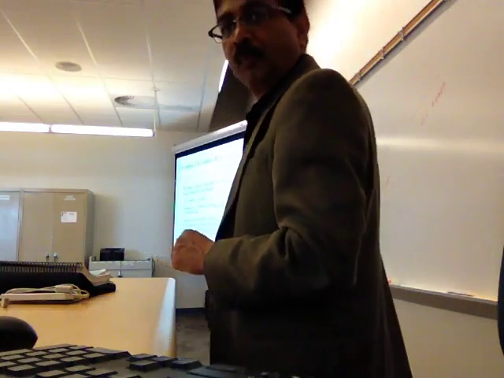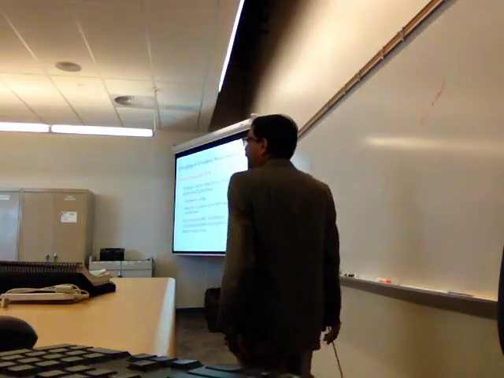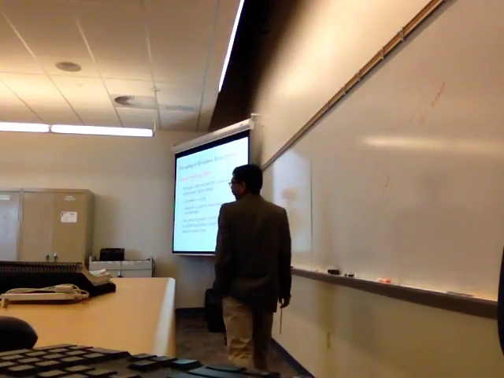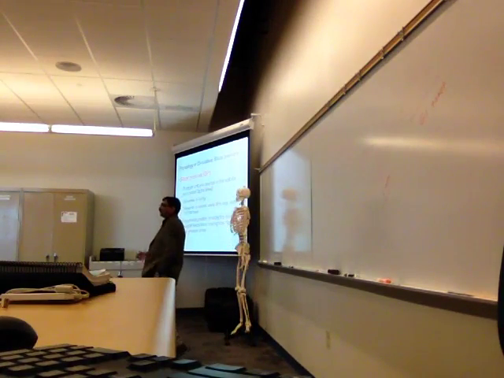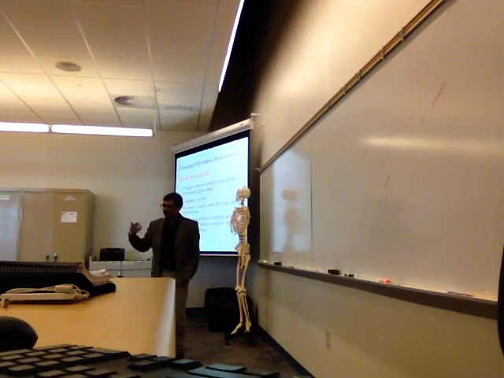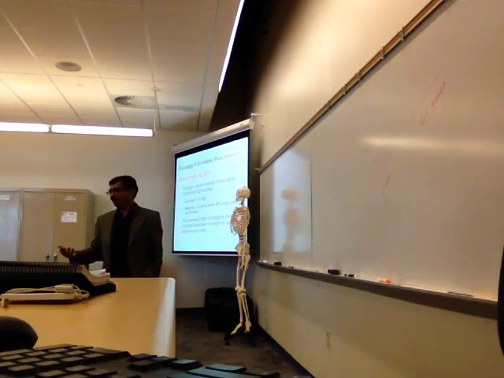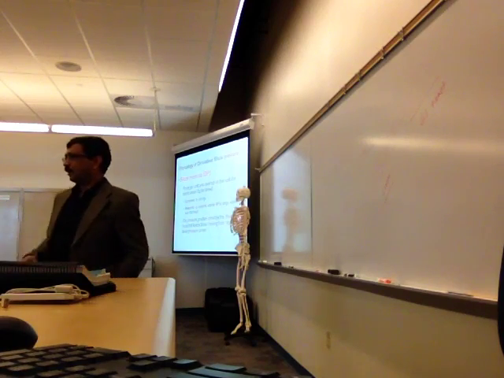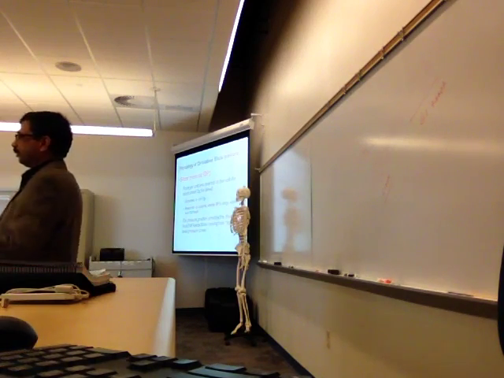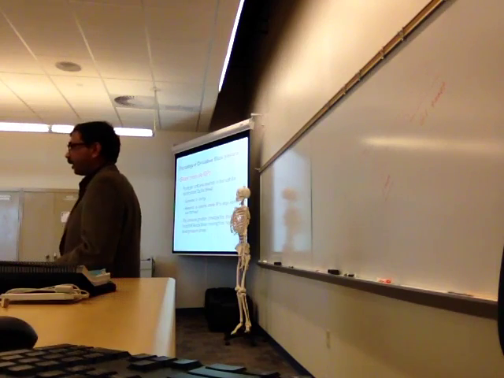Okay. Why is blood pressure important for us? Blood pressure is important to move the blood inside the circulatory system. Blood must move, right? Otherwise, blood will not go to the distant areas, far areas.